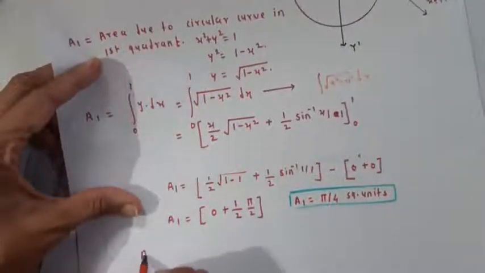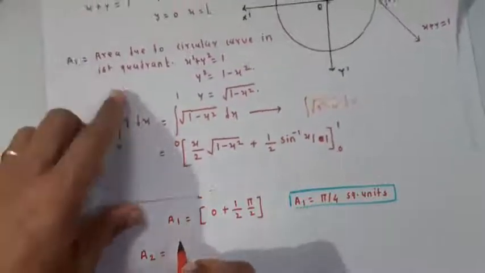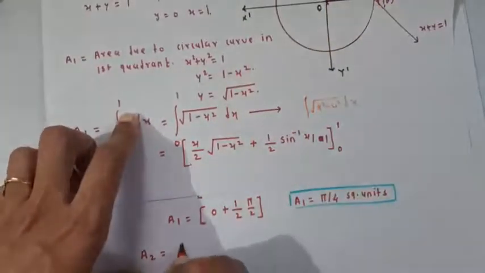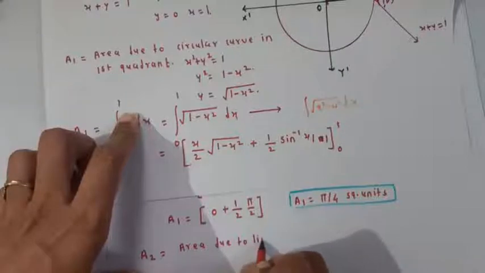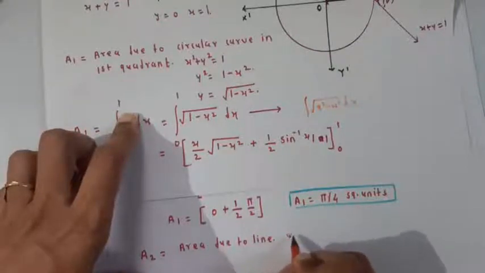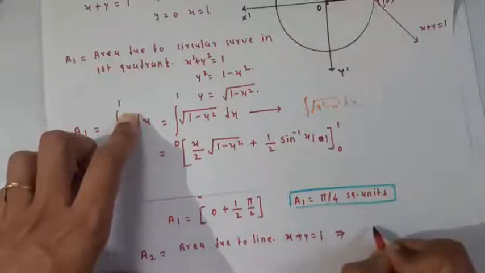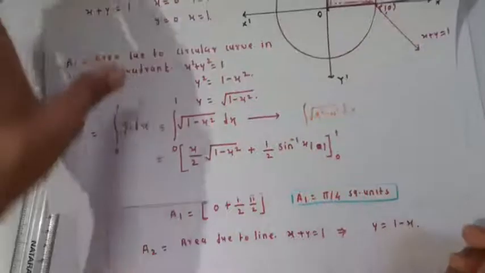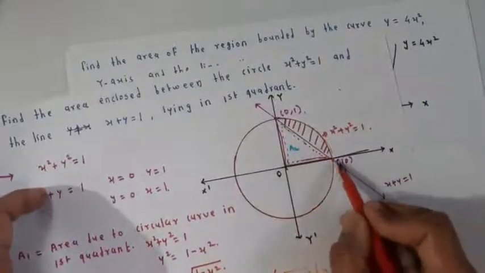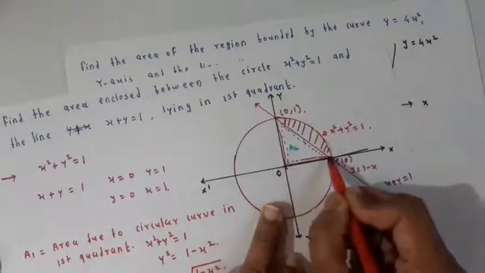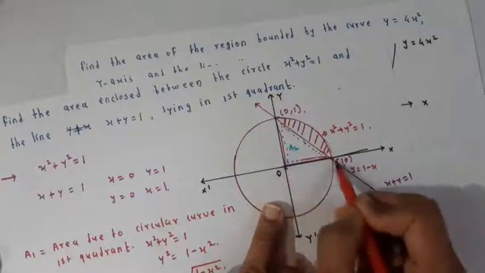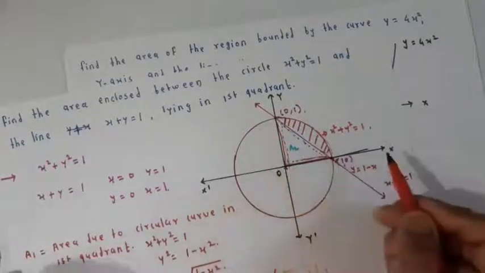Now area A2, that is the area due to the line, the area below the line. The line x plus y equal to 1 implies y equal to 1 minus x. So the limits of integration for this line are 0 to 1, and we will get the triangular area.